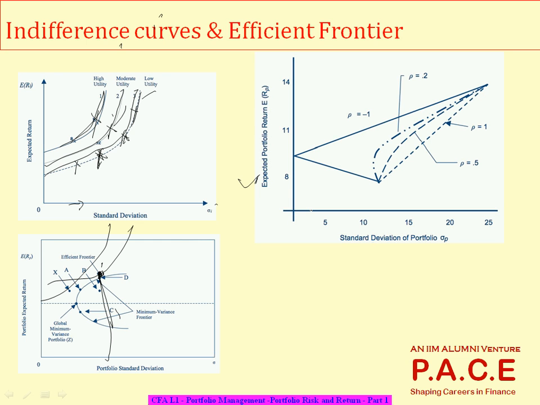Now in the problem, as we have seen, 4 different investors, depending on their risk levels, we are choosing a particular investment for him. So that is matched because of the utility levels of the investor.